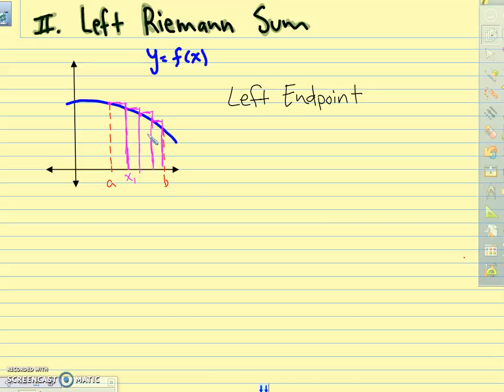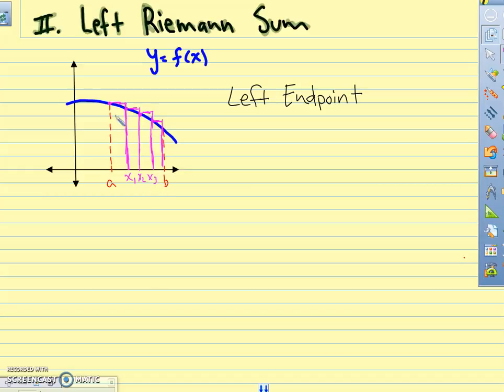Notice this time only 4 rectangles fit here. That really doesn't matter because depending on how wide we make these rectangles, we can put more or less. So we have x sub 1, this is x sub 2, x sub 3.